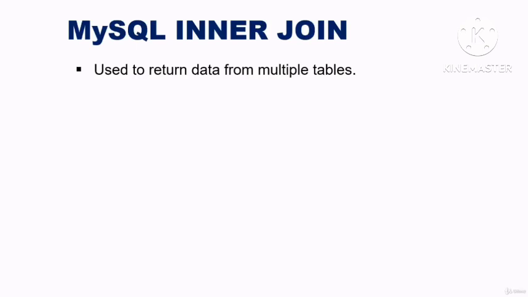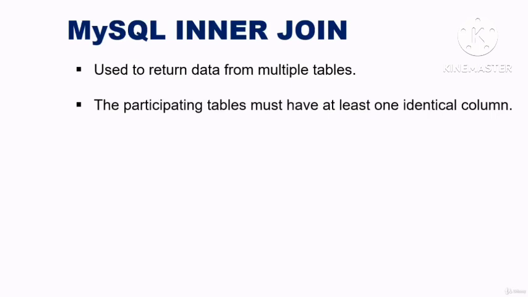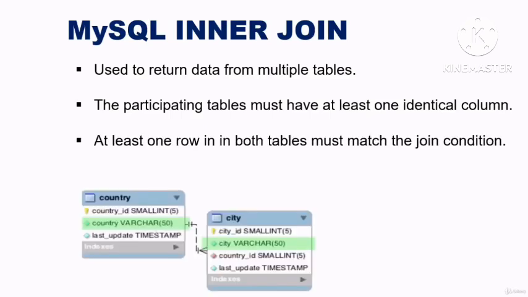The participating tables involved in the inner join must have at least one matching column among them. The inner join is used when you are interested in returning the records where there is at least one row in both tables that matches the join condition.